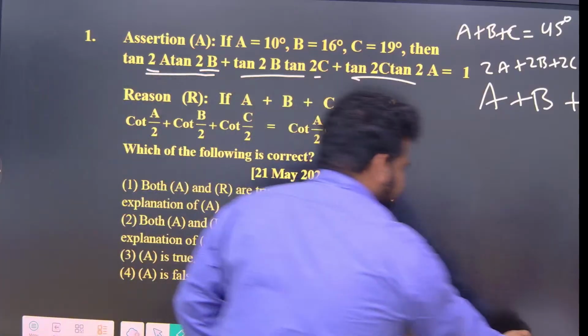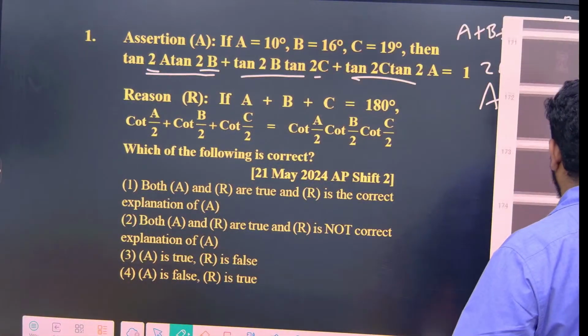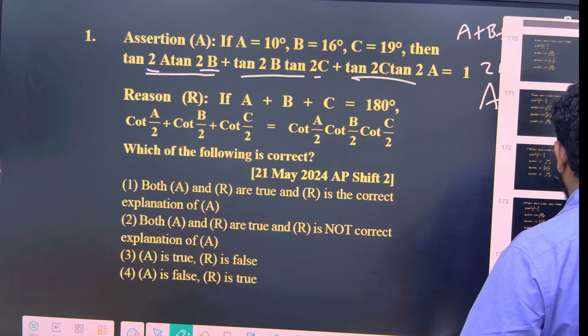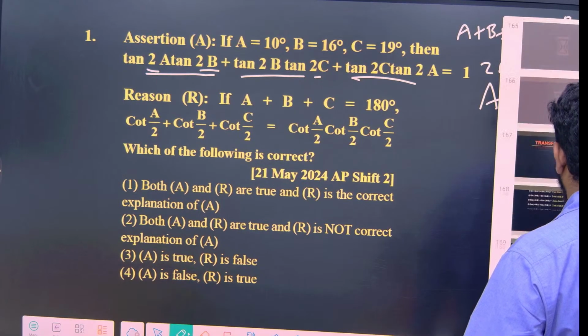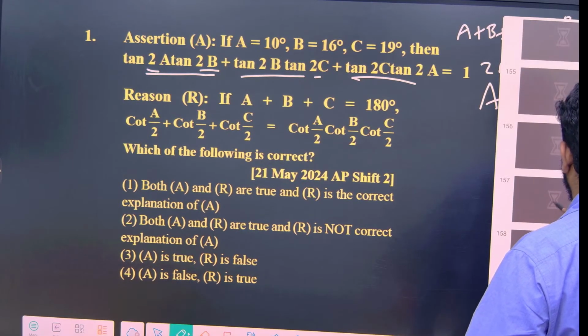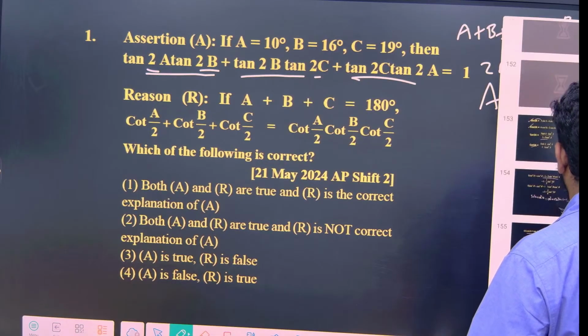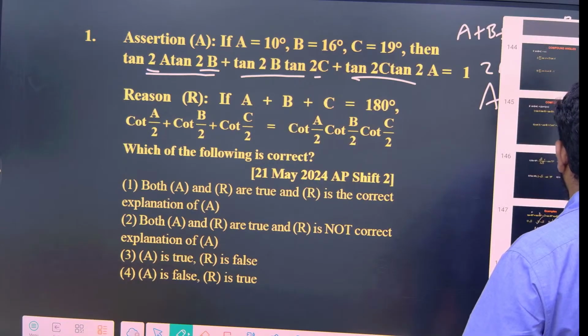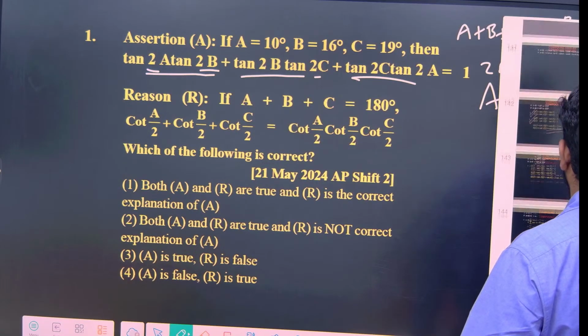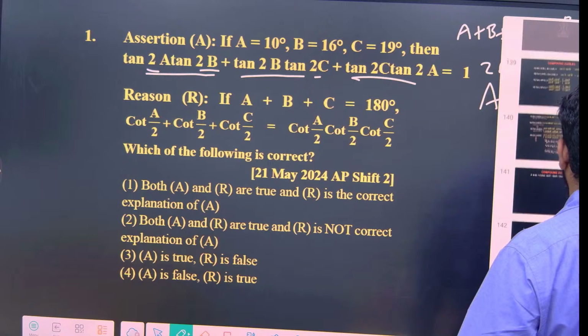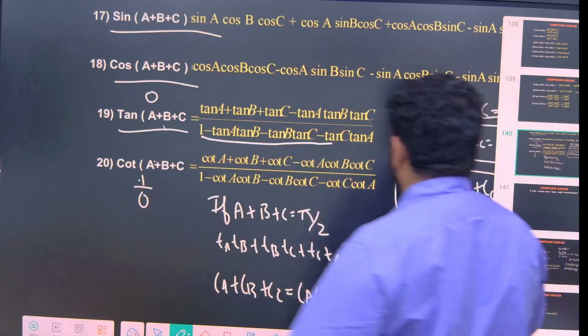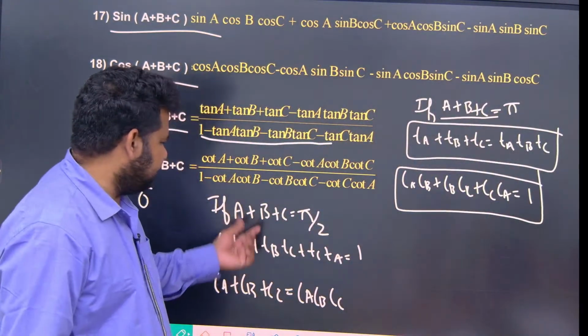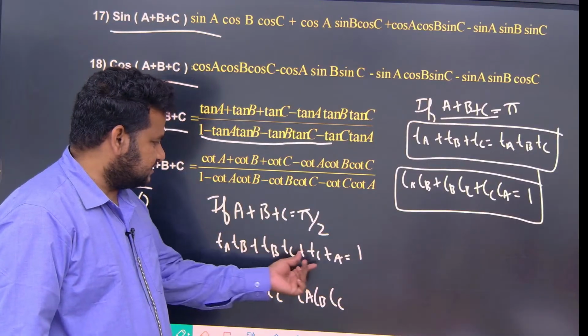That is what I showed you here. Okay, just a minute. That is what I showed you here. See here, if it is equal to pi by 2, tan A tan B, tan B tan C, tan C tan A is equal to 1.